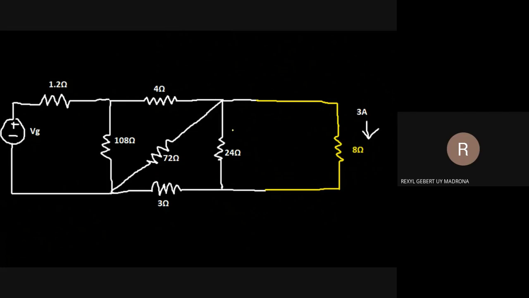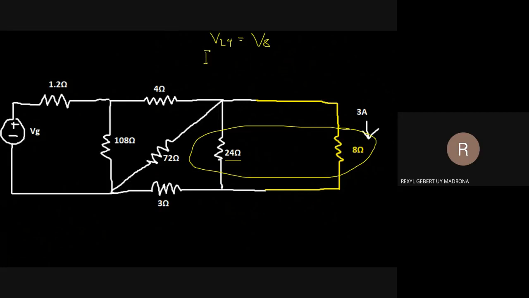We do not know the current inside the 24 ohm resistor. And since these two resistors are in parallel, that means the voltage in the 24 ohm resistor is just equal to the voltage in the 8 ohm resistor. And then since V equals IR, I in the 24 ohm resistor times 24 ohms is equal to 3 amperes times 8 ohms.